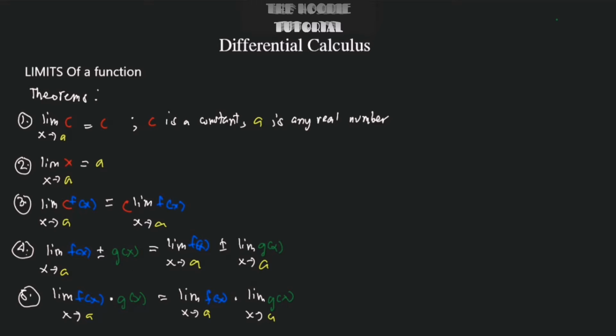So in comparison to theorems number 4 and number 5, the only difference is that number 5 is in terms of product, and number 4 is in terms of addition and subtraction.